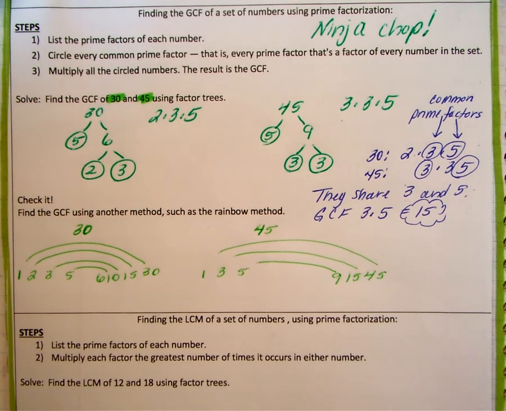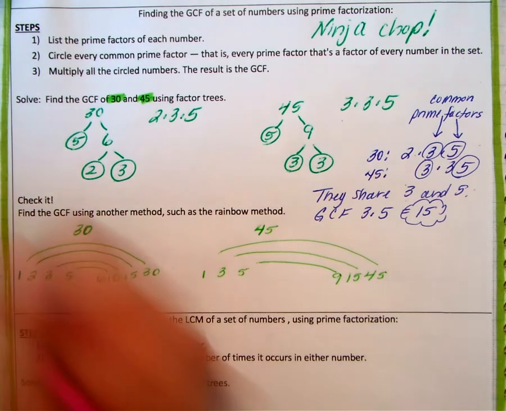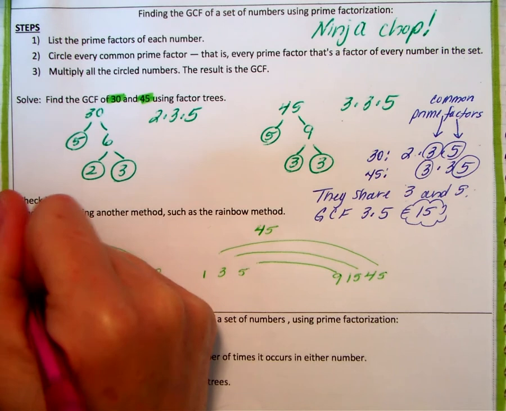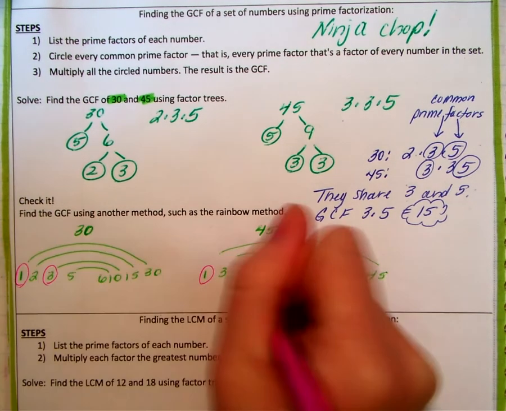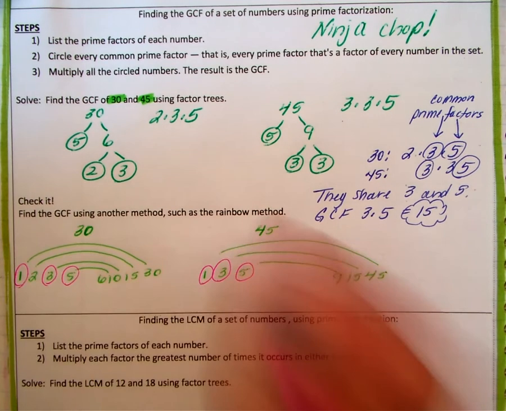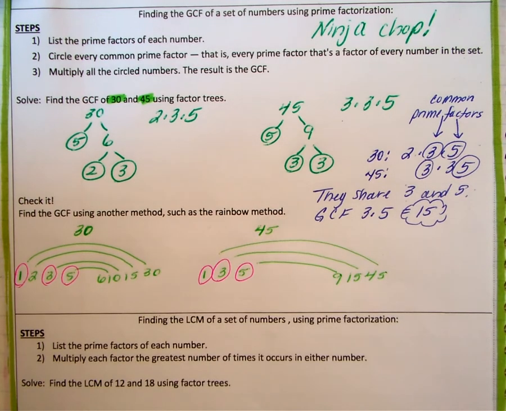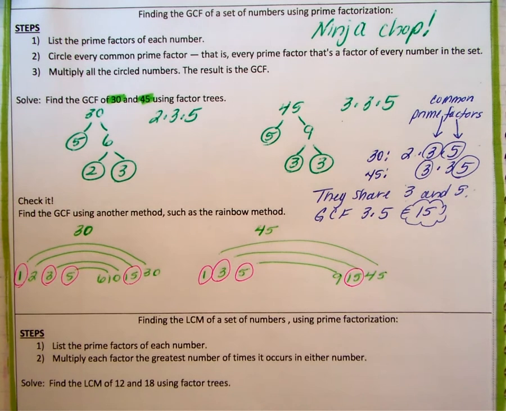Okay. Now, we can go in and circle who they have alike. They share this common factor. They share this common factor. They share this common factor. They share this common factor. Well, 15 is the largest common factor.